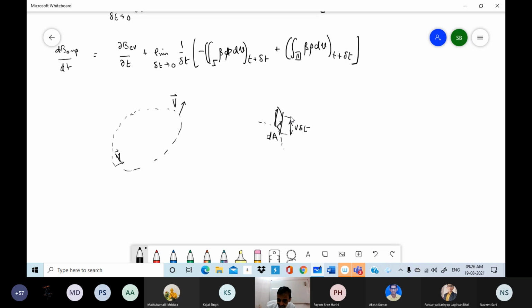So the dV would be dA into v delta t into cos alpha, the cosine of the angle between dA and V. So the area vector is always taken to be the outward vector.